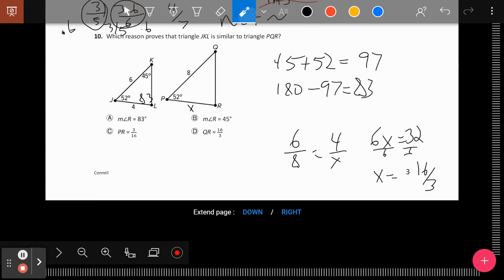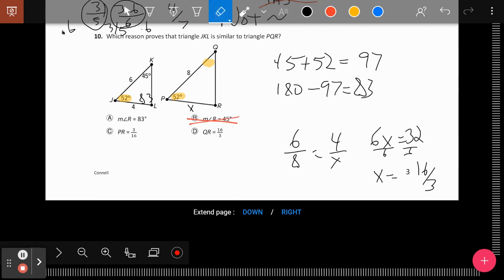So let's talk about which ones of these actually work now. All right. I know this is the same, 52 and 52. Right. So if I can have two angles the same, that'd be phenomenal. And so if Q could be 45, that would be great. But down here it doesn't say anywhere Q is 45. R being 45, not so good.